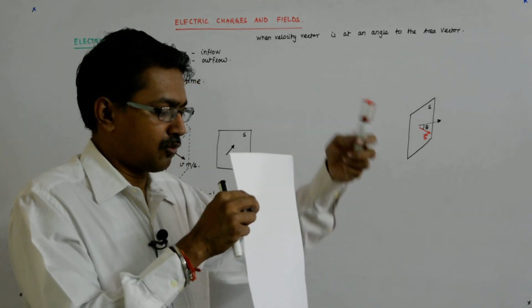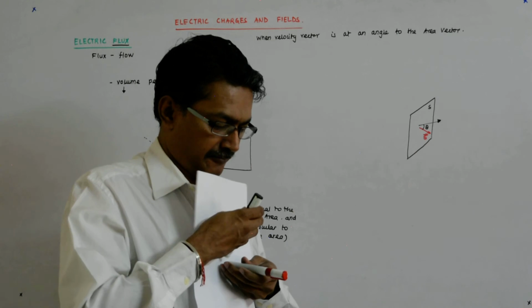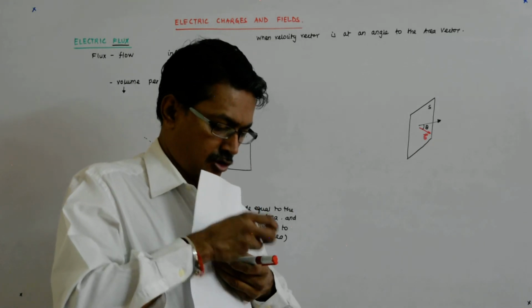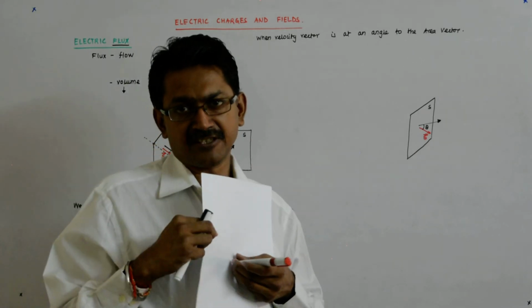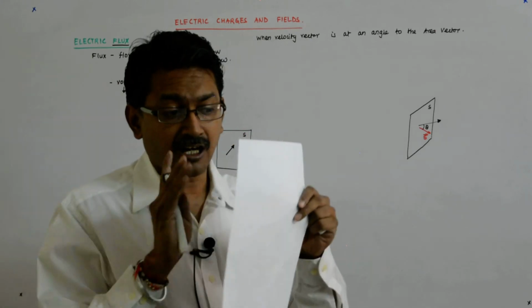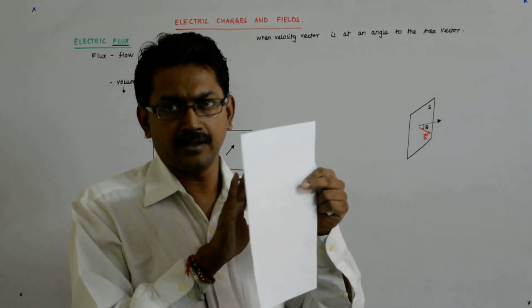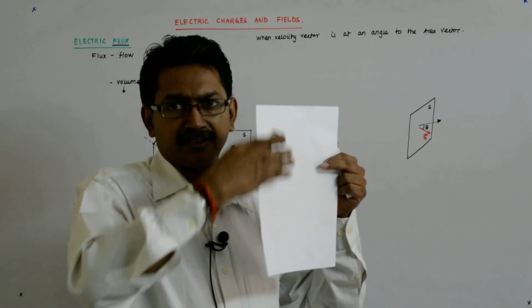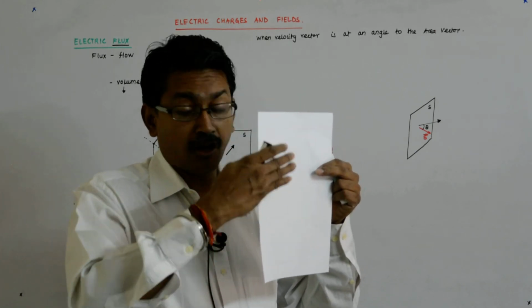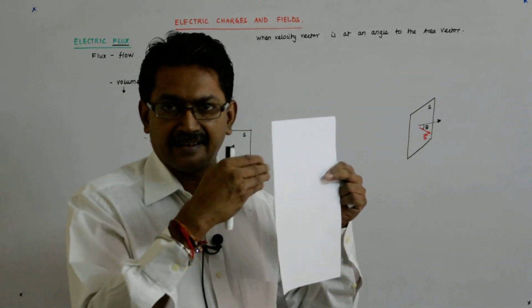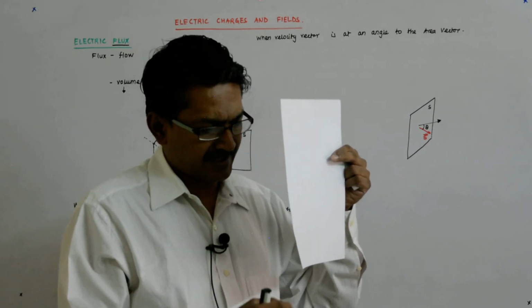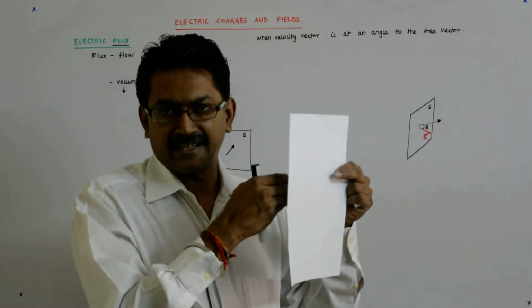Right? So it is only the v cos theta component which is leading to a flux across this area. There is a flow for this raindrop, but this is not across the area. It will not cross the area, right?